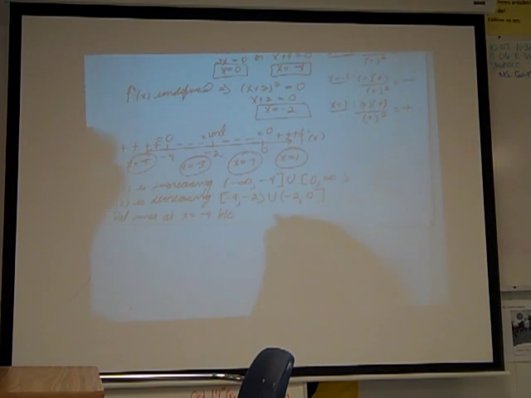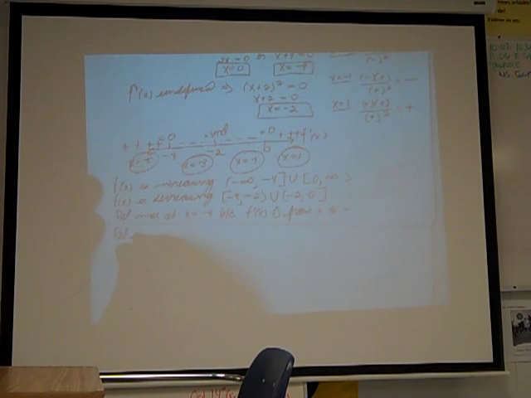Because f prime changes from positive to negative. I could say I have a relative min at x equals 0 because f prime of x changes from negative to positive. Now what happens at x equals negative 2?